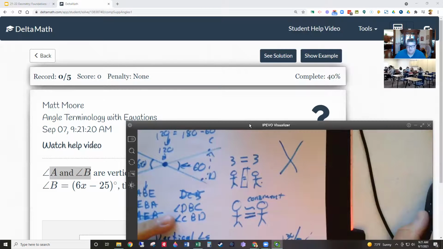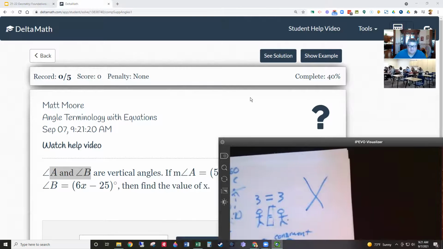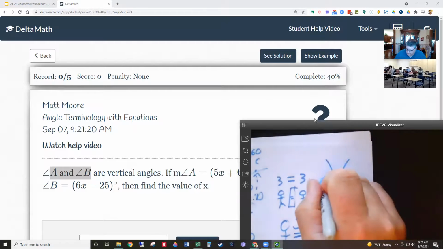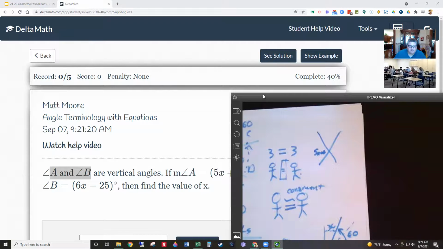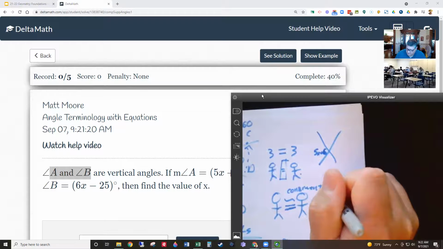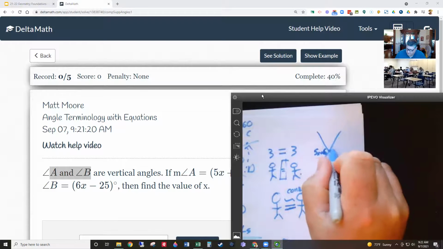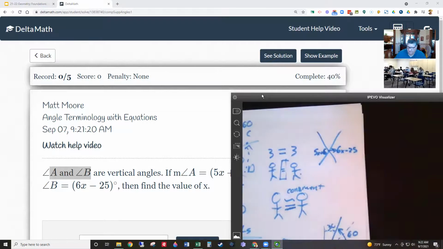So if those angles are vertical, and it says angle A is 5x plus 6, where's angle B? If it's vertical, where's angle B? The other side, 6x minus 25.